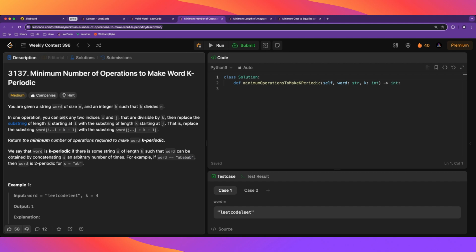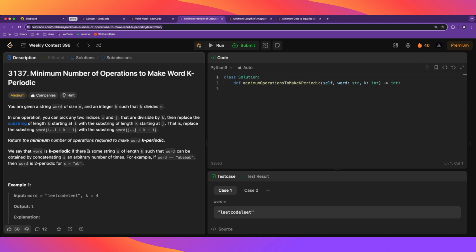In one operation, you can pick any two indices i and j that are divisible by k.